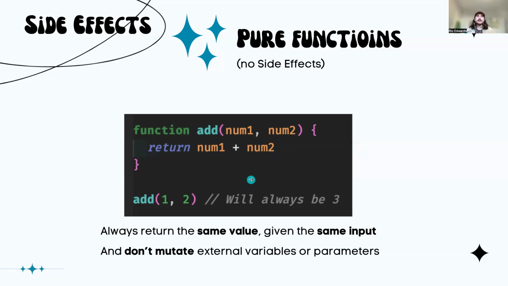So this would be an example of a pure function. I have a function called add, and it just adds your two parameters, num1 and num2, and returns a result. So we call add, we pass in 1 and 2, and no matter what, this function will always return 3.